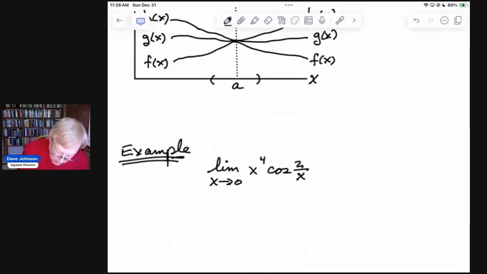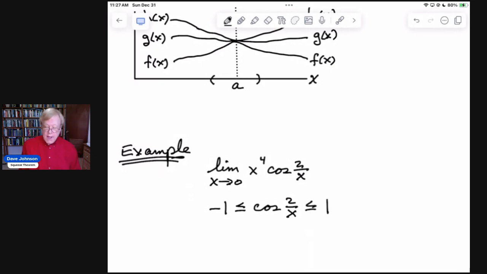So, you see the cosine of 2 over x. One of the common things that's done in a problem like this is to say, well, okay, -1 is less than or equal to cosine 2 over x, which is less than or equal to +1. And we can say that because the cosine function is bounded between -1 and 1.